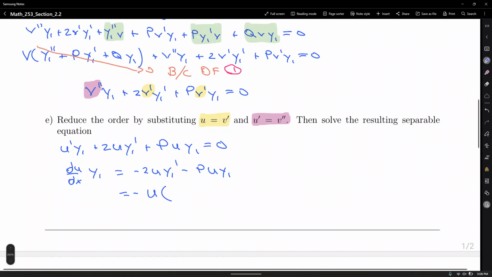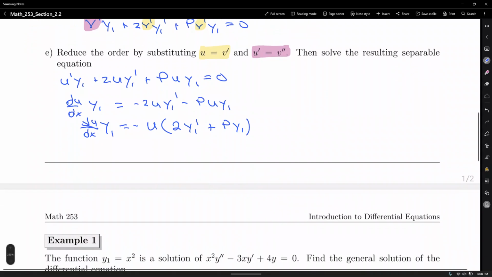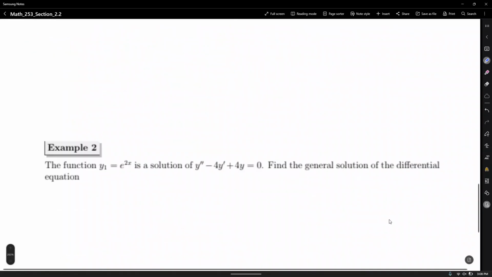That's going to leave us with 2y1 prime plus p y sub 1, and that equals y sub 1 du dx.